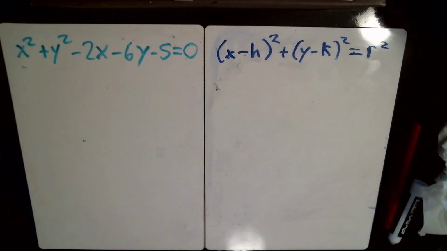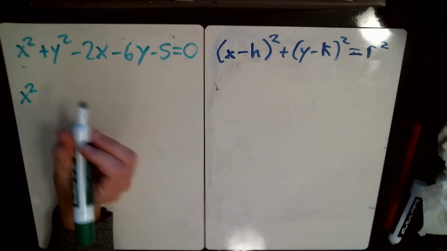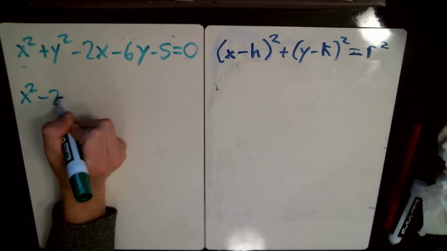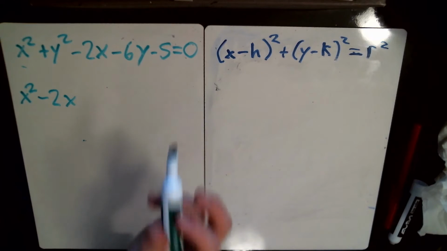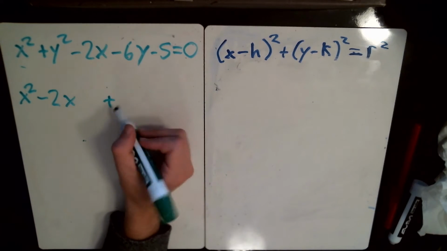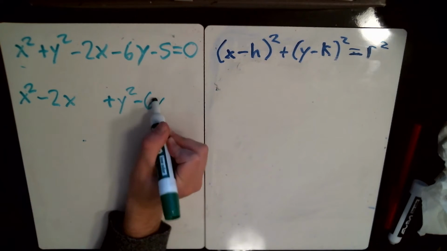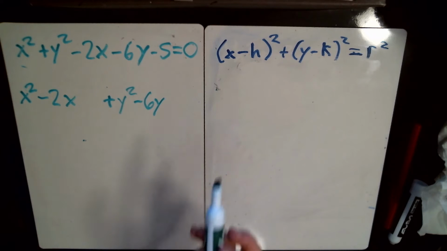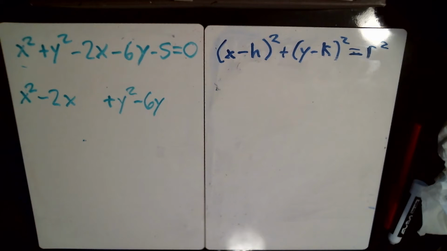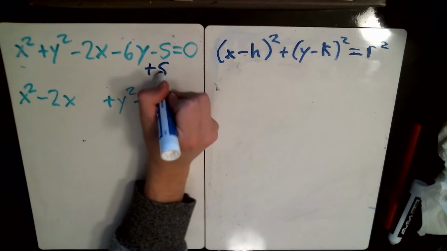So what we're going to do here is put my x's together. So I have x squared minus 2x, and then y squared minus 6y. And then I am going to move that number, this 5, over to the other side because I don't really want it over there with everything else.